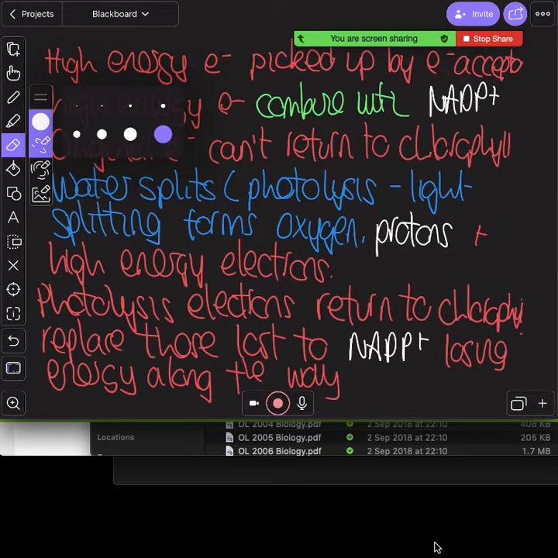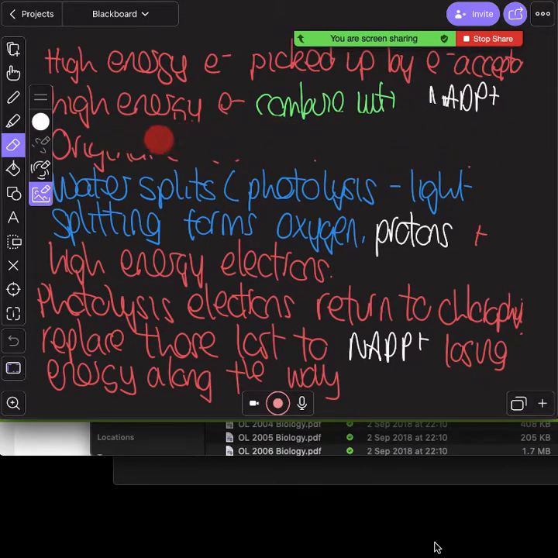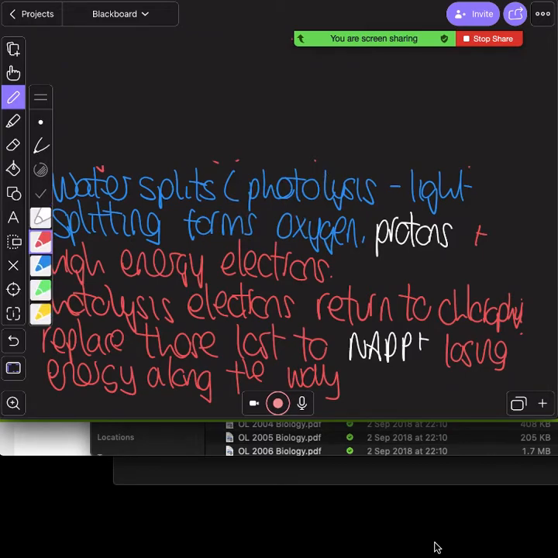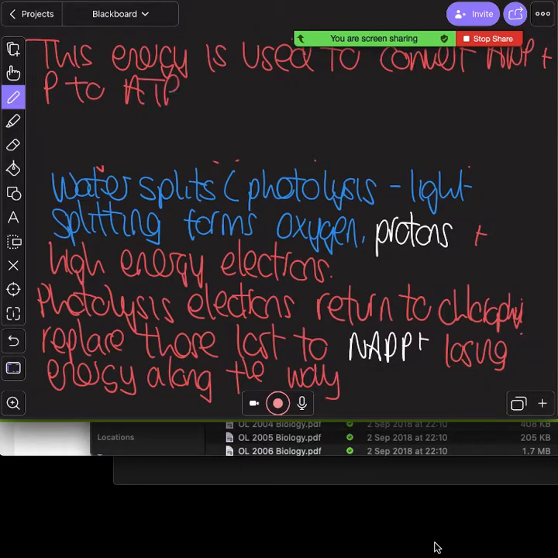So I'm going to get rid of my first sentence down to the first 3 bullet points, if that's okay. Why won't you let me do that now? Okay, what color do we need? Red. So this energy is used to convert ADP plus P to ATP for the dark stage.